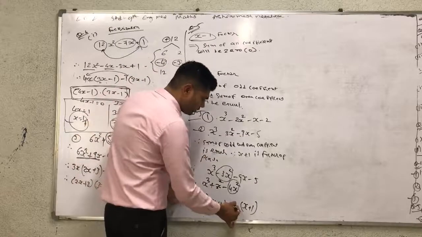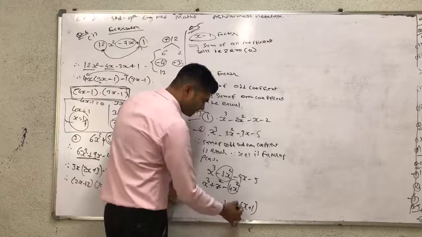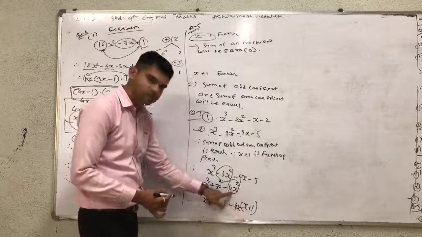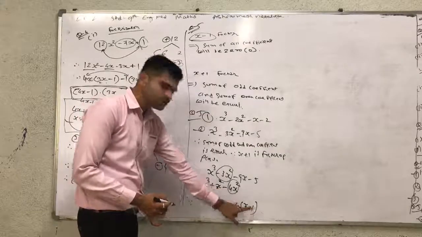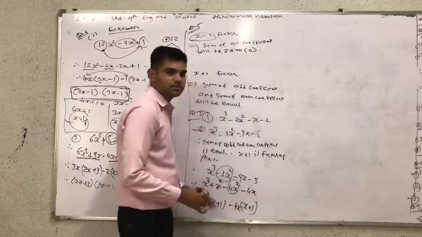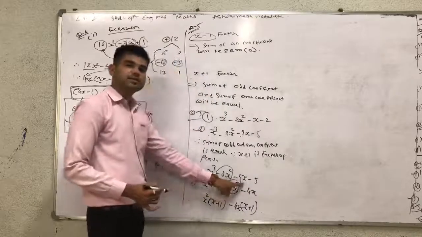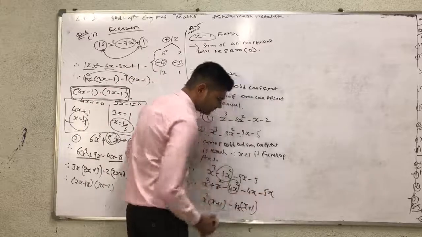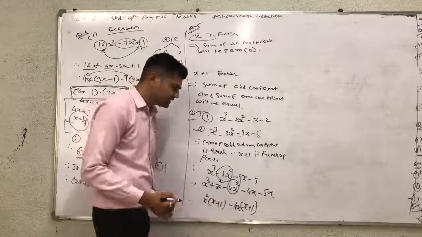So common is minus 4 and x. Minus 4 into x, minus 4x square, remains minus 4 times x plus 1. The answer is minus 4x, so here the written term is minus 4x. But here it is minus 9x, so extra add minus 5x. Clear that? Minus 5 satisfied.